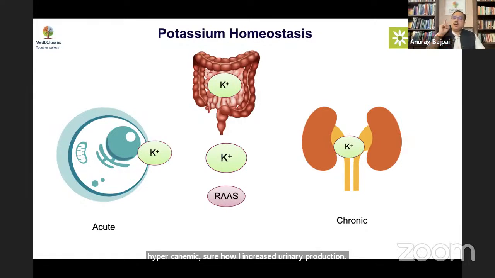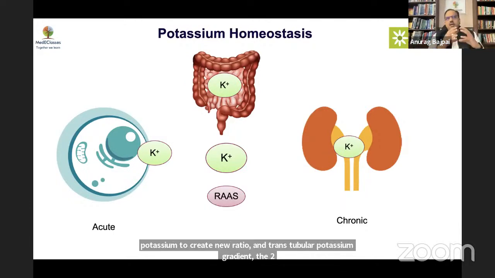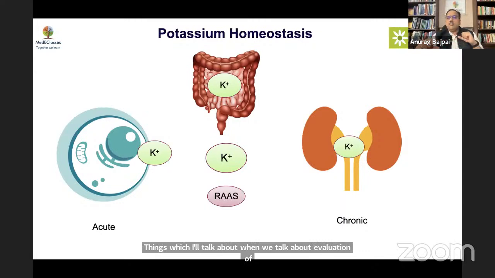If you have hyperkalemia with decreased urinary excretion, you are basically talking about a scenario in which there is a problem in the RAS axis. And this forms the basis of the use of urinary potassium to creatinine ratio and transtubular potassium gradient, the 2 things which I'll talk about when we talk about the assessment of hyperkalemia.